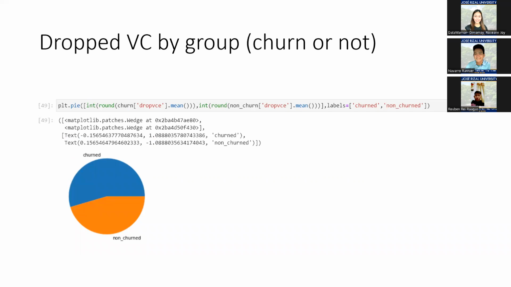In this slide, the drop busy by group, churn or not.